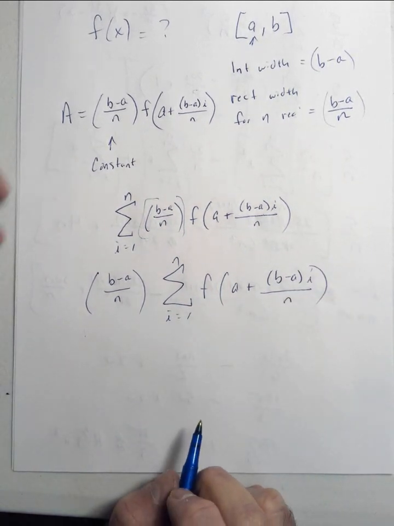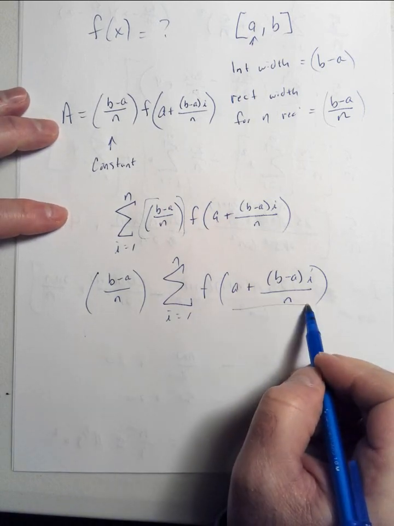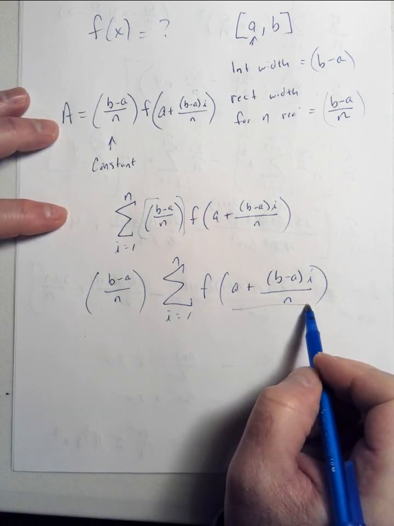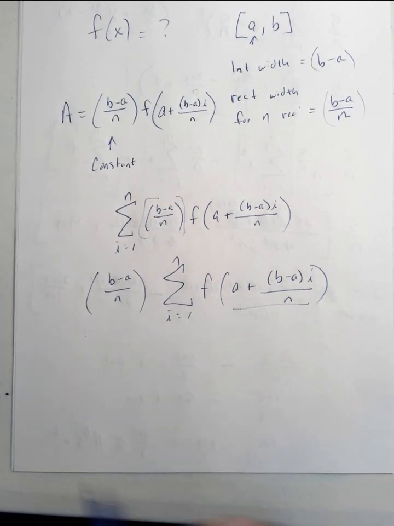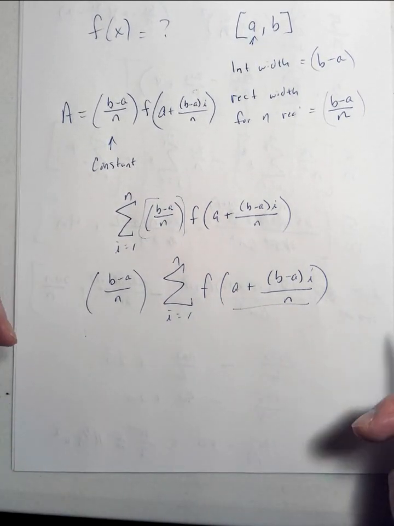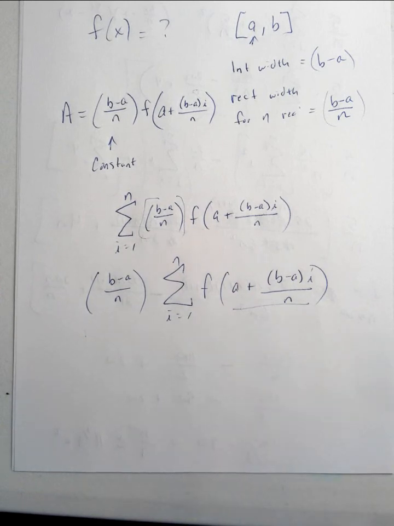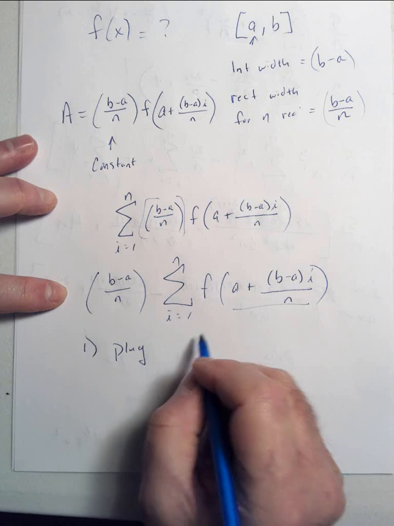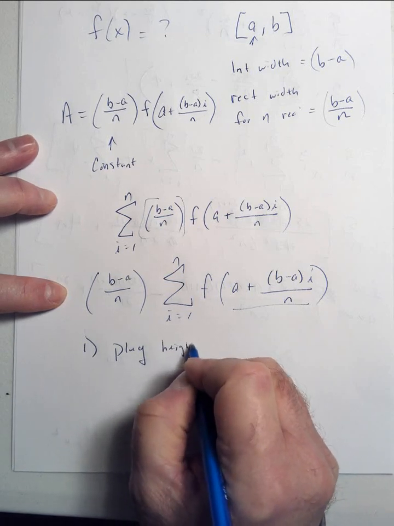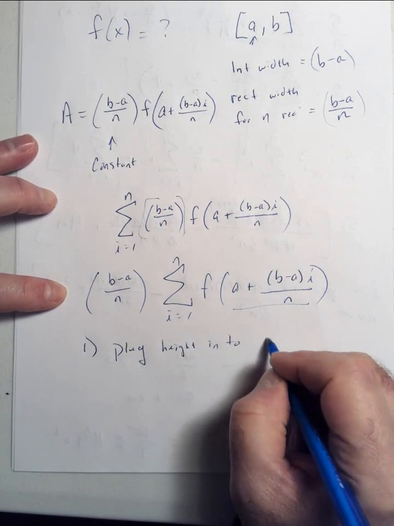And then based on whatever your function is, the next step would be to plug this into that function. And then you have your summation. Start breaking up your summations, pull out all your constants, apply your formulas, evaluate your limit. All right? So plug height into the function.